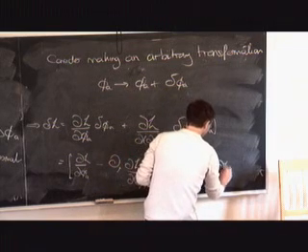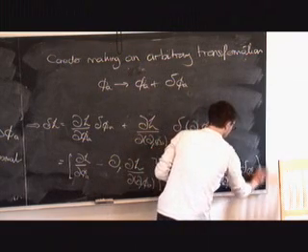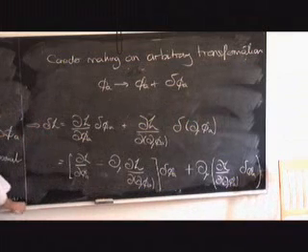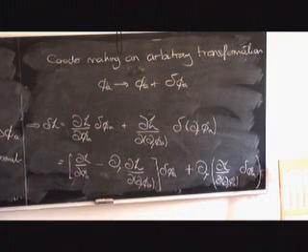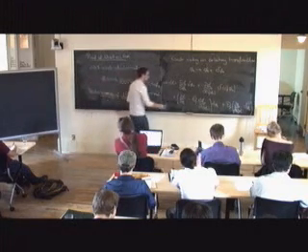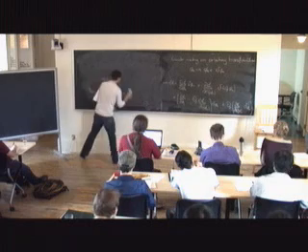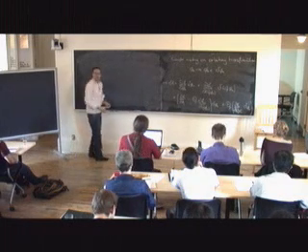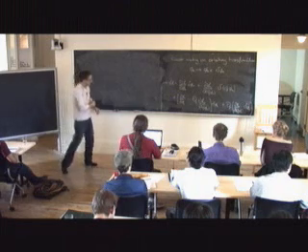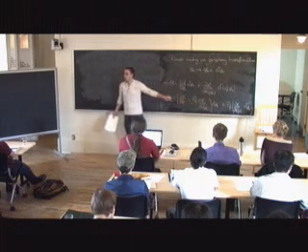So we're just sort of rewriting things. Okay, so is this clear? It's exactly the same step that we were doing deriving the Euler-Lagrange equations.